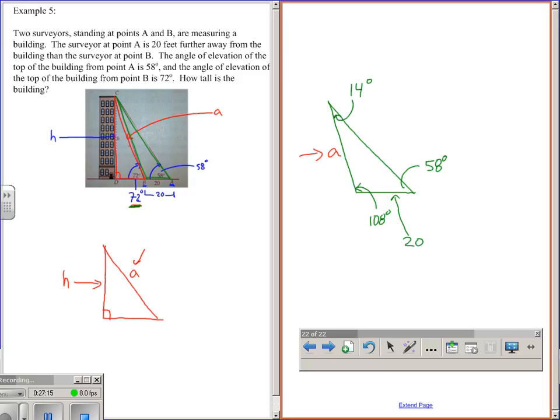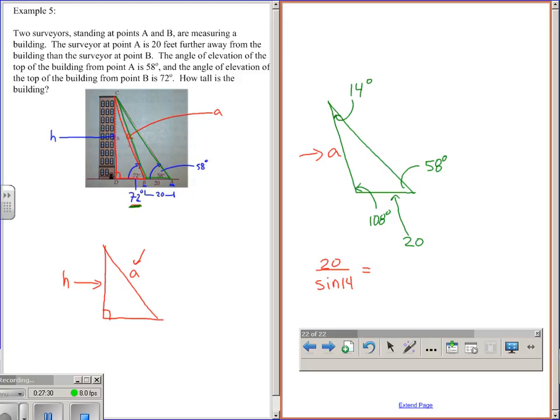Just choose a pair that we have. We have a side that is 20, and opposite that is a 14-degree angle. So we're going to use 20 over the sine of 14 to get us started.